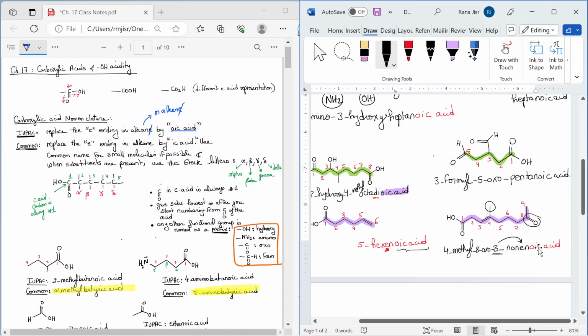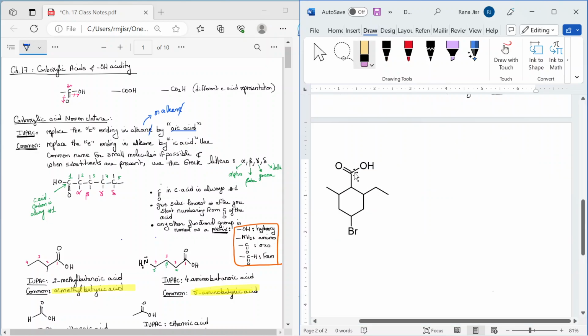By looking at it, this is a chain of 9 carbons. So if the oxo is on carbon number 8, immediately I know that this is a ketone and not an aldehyde. So this is why I said that for the carbonyl, we use oxo as a prefix, whether it's an aldehyde or a ketone. Unless the aldehyde is coming off the main chain, then we use the prefix formyl.